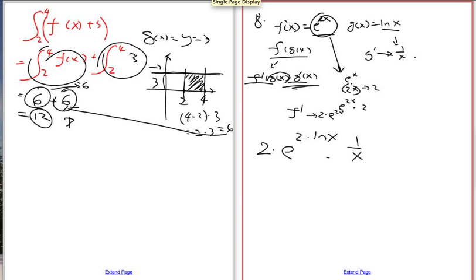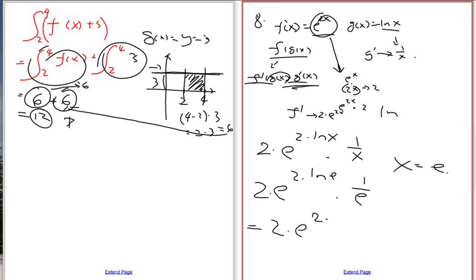And for number 8, look at your question again. x equals e. So 2 times e to the ln e, times 1 over e. Oh, excuse me. Oh no, it's alright, I didn't make a mistake. I thought I did. ln x, now it's ln e.